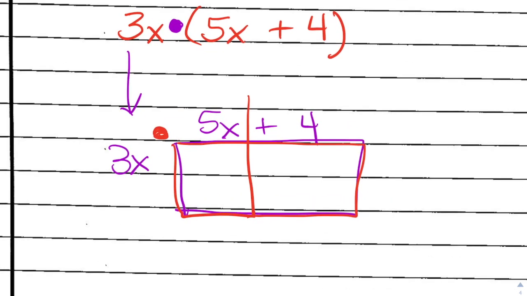Well, let's remember that this x has an exponent of 1, and so does this x over here. So if we don't see any little numbers there, then there's an unsaid 1. And when we multiply variables, we add the exponents. So we're going to go 3 times 5, and we get 15.